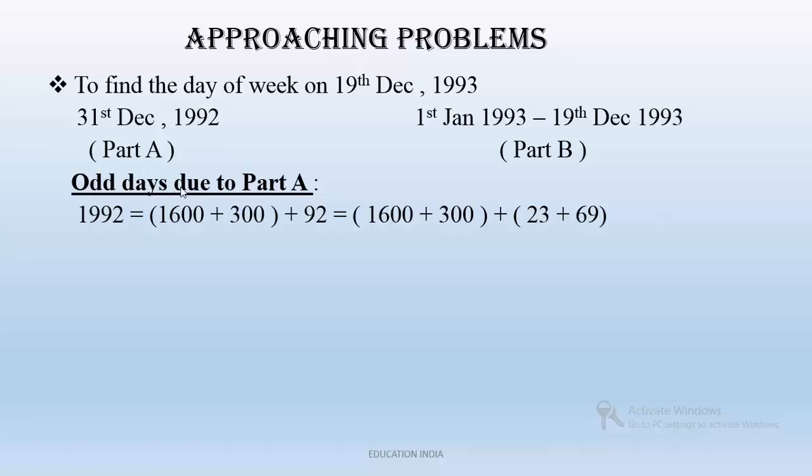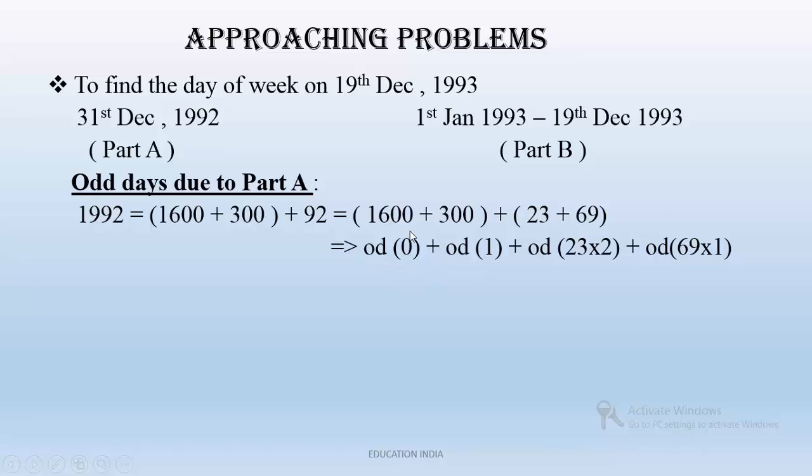So 1992 can be written as 1600 plus 300 plus 92. This 92 can be further broken up as 23 plus 69, where 23 shows the number of leap years and 69 shows the number of non-leap years.